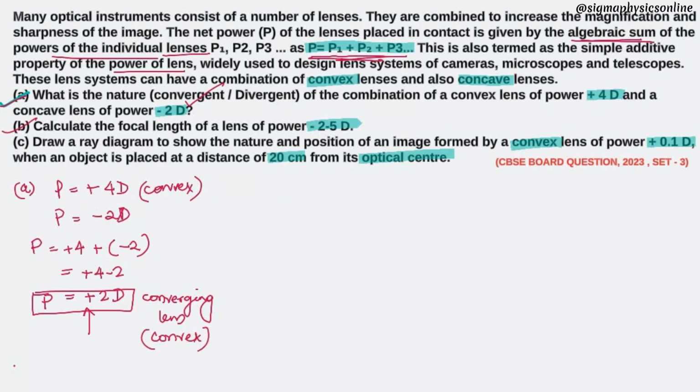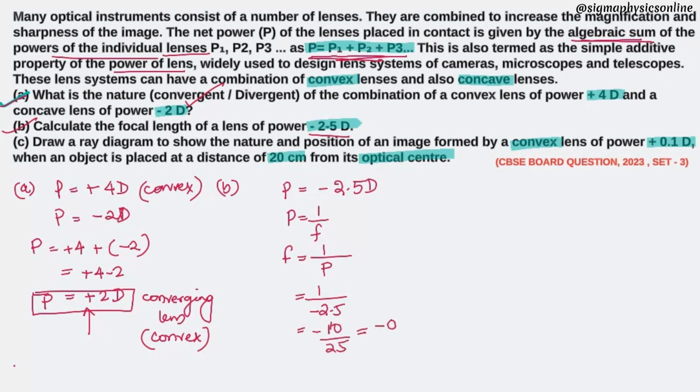Then part B: calculate the focal length of a lens of power minus 2.5D. So power is given here as minus 2.5D. It's a concave lens because its power is negative. Now power we know is the reciprocal of focal length, so focal length will be 1 by P. That is 1 by minus 2.5, which is minus 10 by 25, which will be minus 0.4 meter.